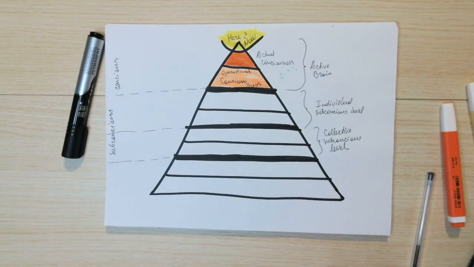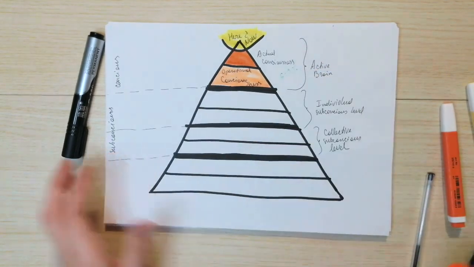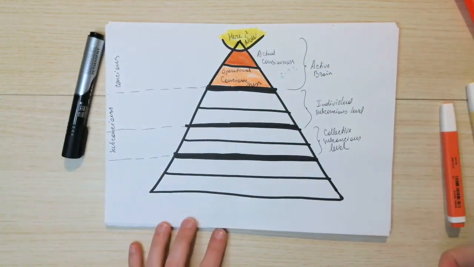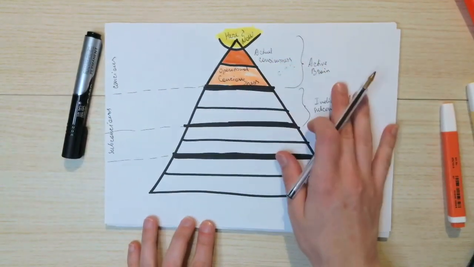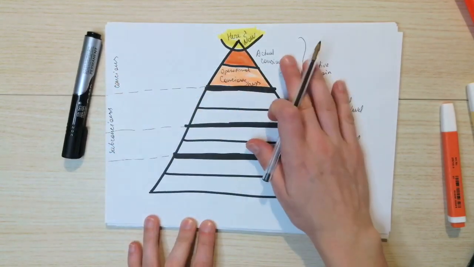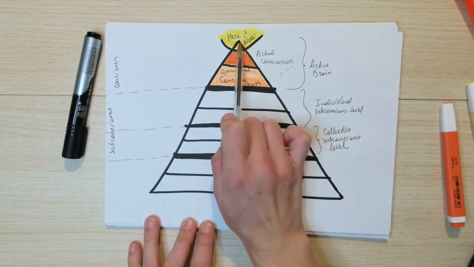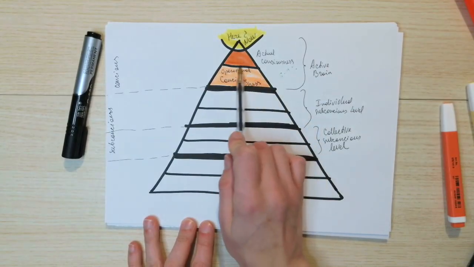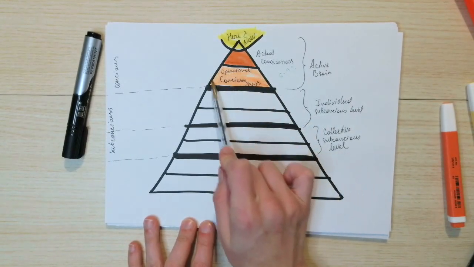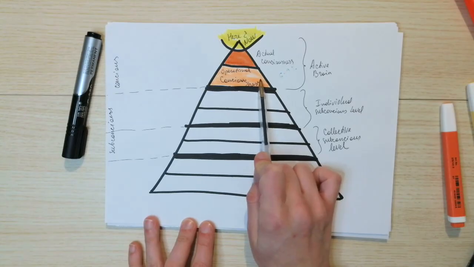Okay, so let's do a quick recap. We have here the active part of our brain, the conscious mind, that has two levels, the actual consciousness and the moment of here and now, and the operational consciousness level. This is our RAM.